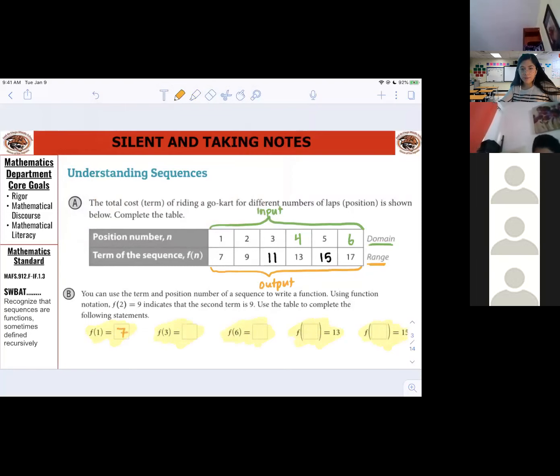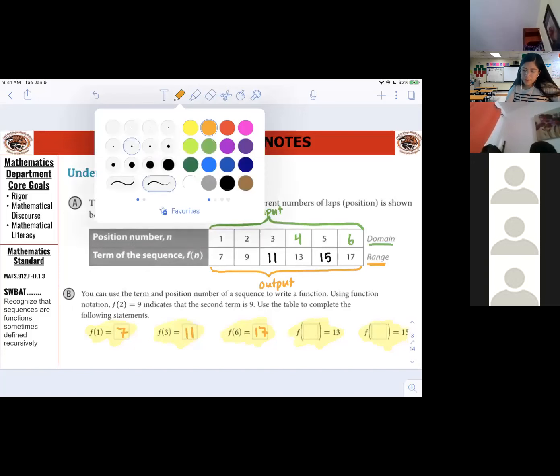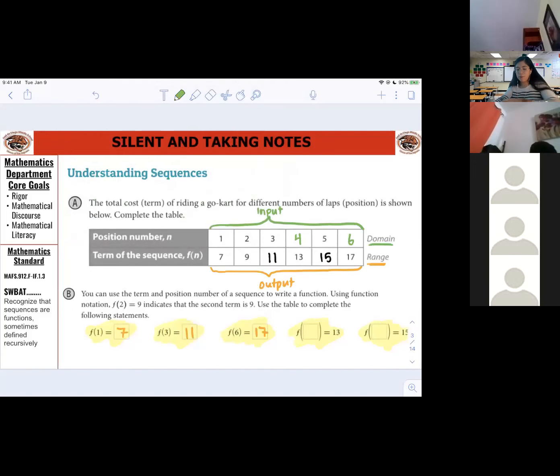When my input is 3, what's my output? 11. When my input is 6? 17. Now on the flip side, you can go the other way around. If you know the output is 13, you can go back and check what's the input that gives me a 13. 4. And what's the input that gives me 15? 5.